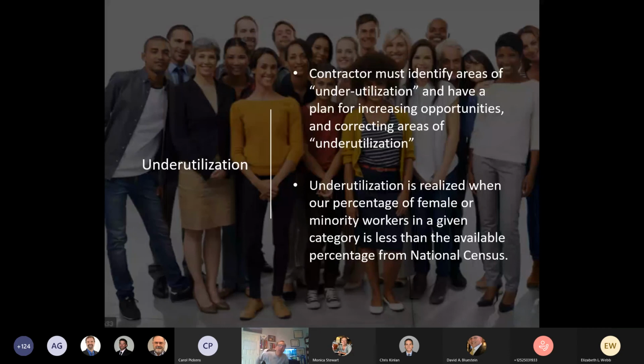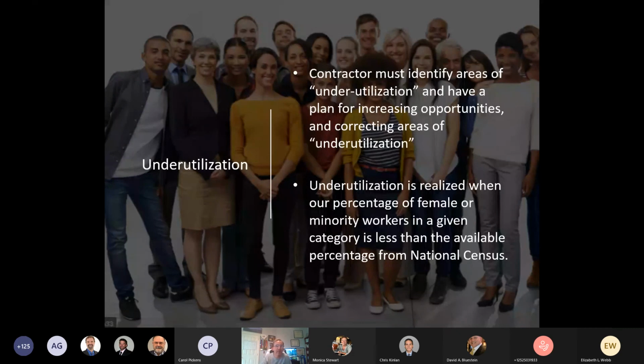So we might be, let's say this is just purely hypothetical, but let's just say within the estimating department, we have, that would indicate that we would have 11% Hispanics, and we only have 1 out of the 10. So we're only going to be 10%. Well, we really only have 2 possibilities, right?